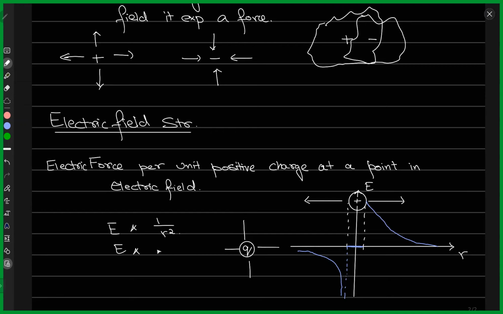So the electric field strength depends on the magnitude of this charge, and it depends inversely on the square of the distance from the charge. So if you go 2 meters away from the charge, the electric field strength would drop by 4 units, right?